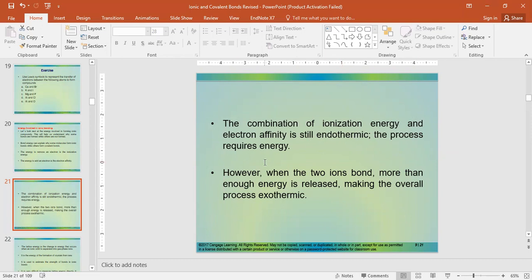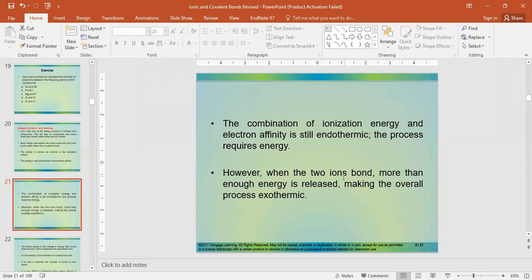But when two ions come together to form an ionic bond, some energy is released. The energy released is a lot more than that involved in the ionization processes, and therefore the overall process is going to be exothermic.